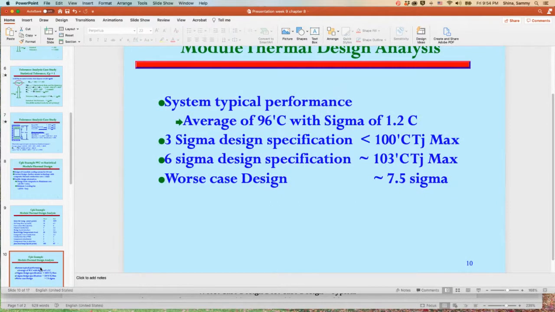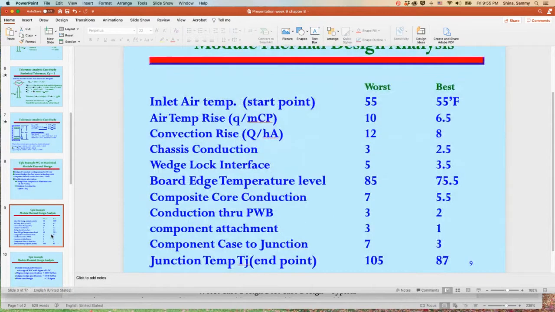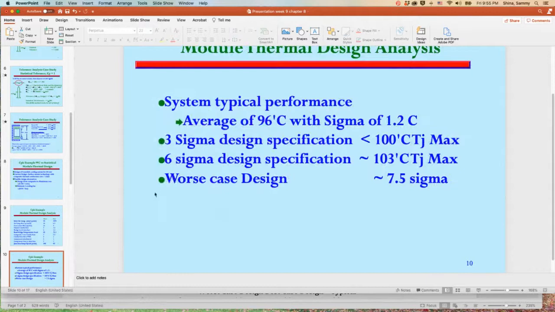We went from 105 upper spec limit to 87 lower spec limit. So typical system performance, with an upper spec limit of 105 and lower spec limit of 87, we get a typical system of 96 with 1.2 degrees plus or minus.